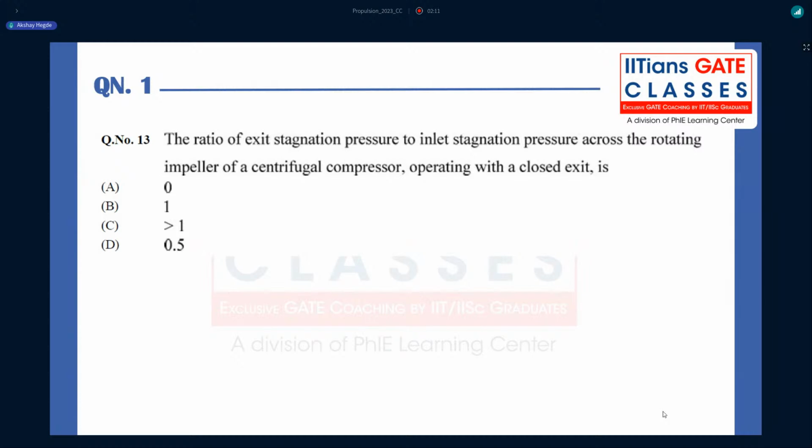So there is an energy transfer from the machine to the fluid or the system, which raises the pressure. So the obvious answer for this particular question is going to be option C. Option C, right? So this would be the correct choice.